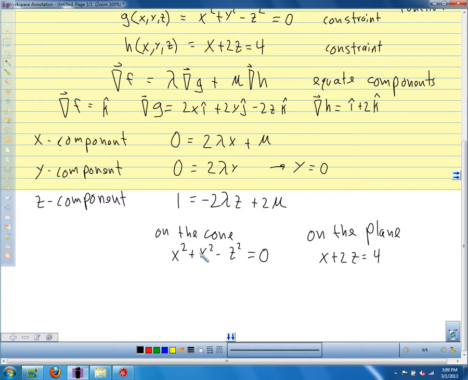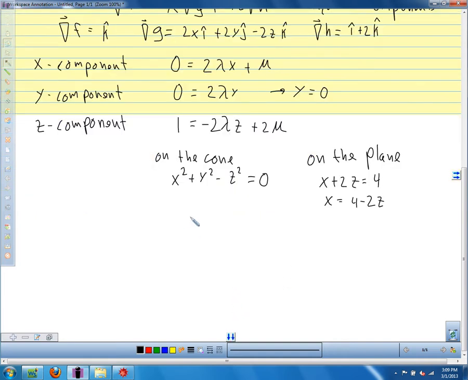We know that y equals 0, so I'm going to solve for x and eliminate x. So x equals 4 minus 2z. That's going to be a little easier. I'm going to substitute this in for x on our constraint curve. All of these have to be true at the same time.